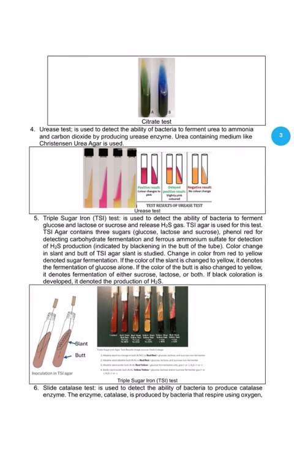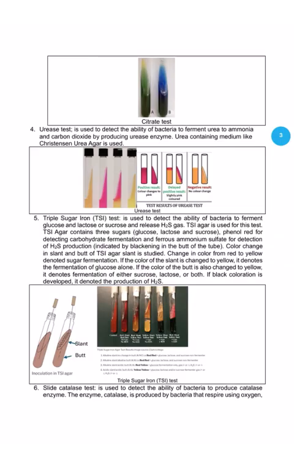The other test is the urease test, and this is used to detect if the bacteria has the enzyme urease. The urease test is done by growing the bacteria in a urea agar, and this is a type of medium that contains agar and all the other nutrients, and the urea as an organic component is added to the media.